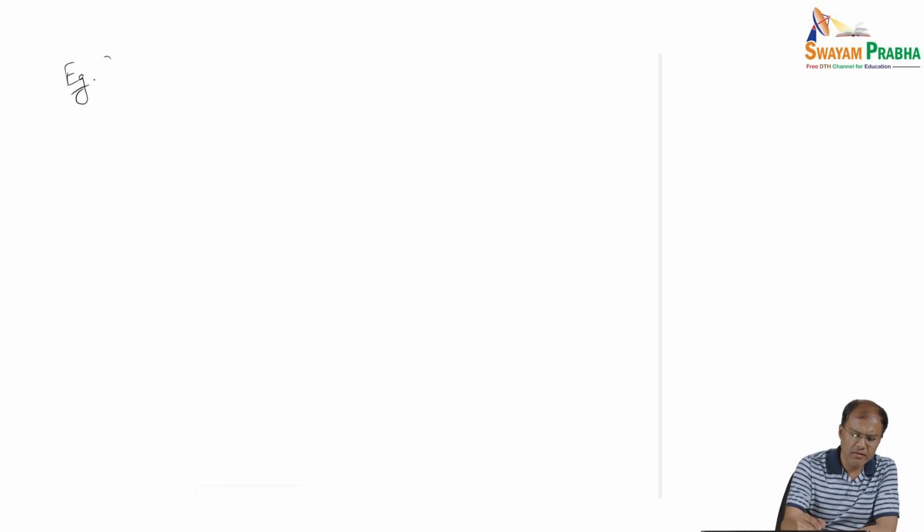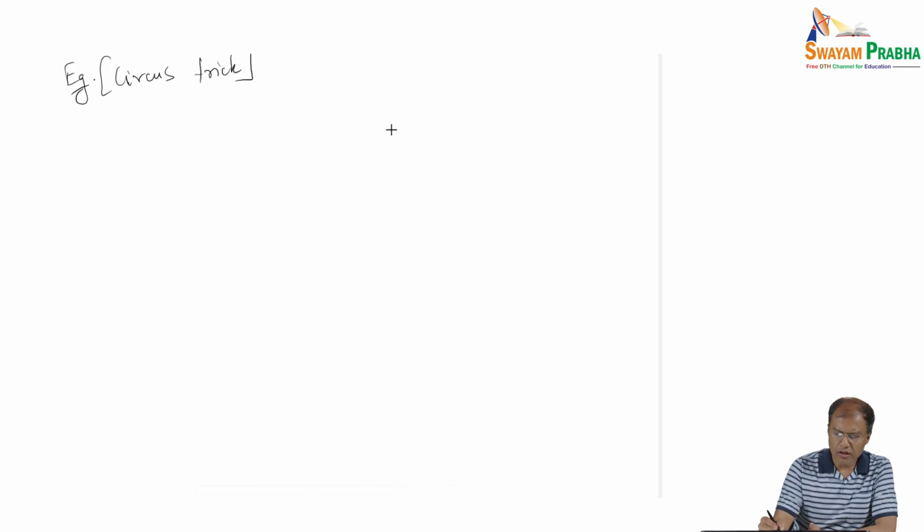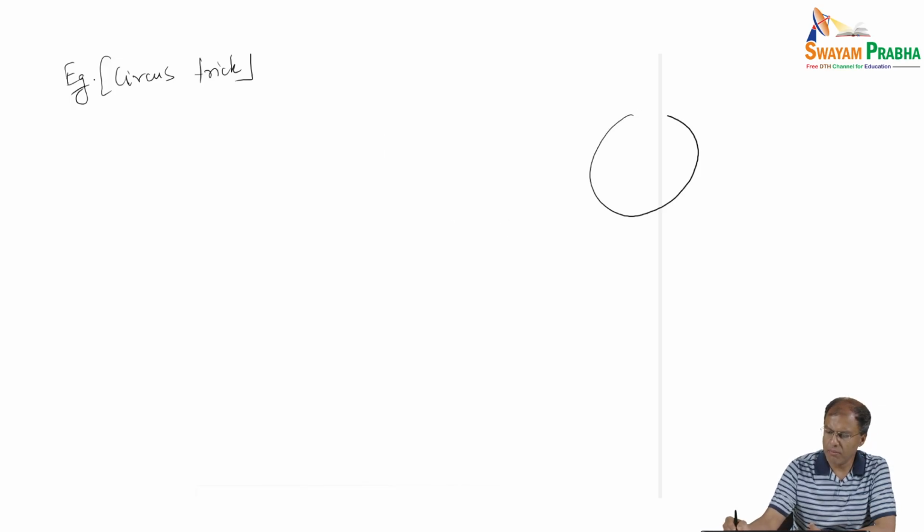So the problem is related to a circus trick. Let's say we have a performer, a person standing on a ball in such a way that he or she doesn't fall.